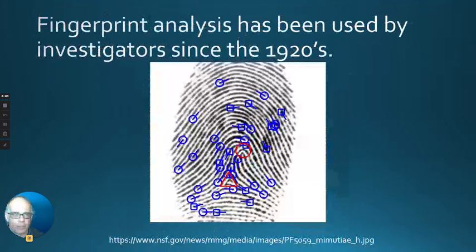Now I'm going to present a little bit more about fingerprint analysis because that's going to lead into what we're going to look at with DNA analysis. Fingerprint analysis has been used for almost 100 years, since the 1920s. The idea is that your pattern of fingerprints varies from individual to individual.